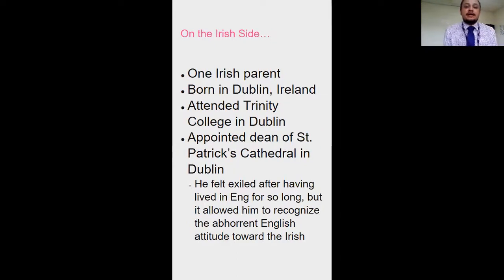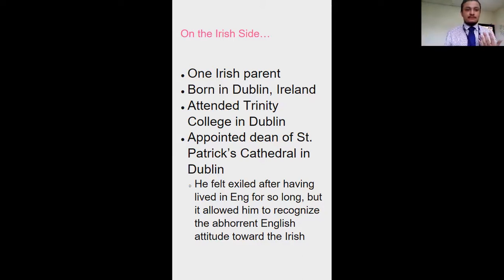On the Irish side, one Irish parent, he was born in Dublin, Ireland, attended Trinity College in Dublin, and was appointed dean of St. Patrick's Cathedral in Dublin. He fell into exile after having lived in England for so long, but it allowed him to recognize the abhorrent English attitude toward the Irish.